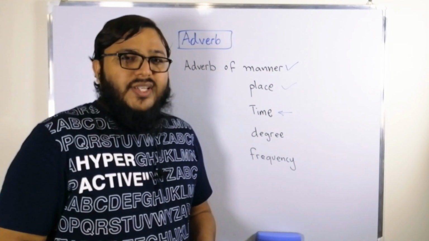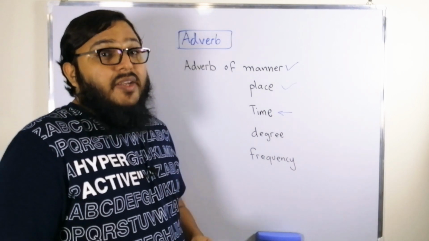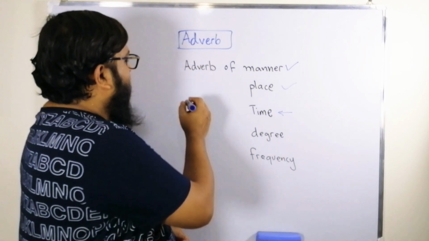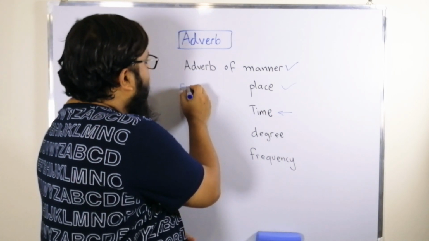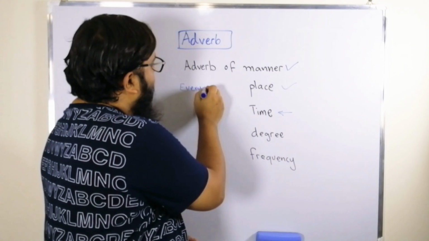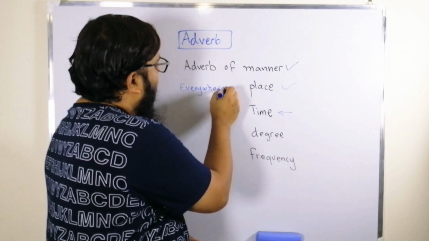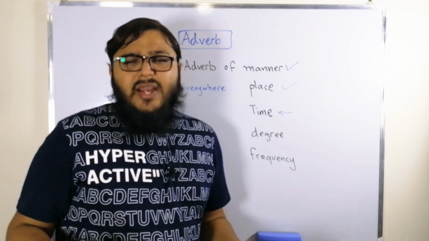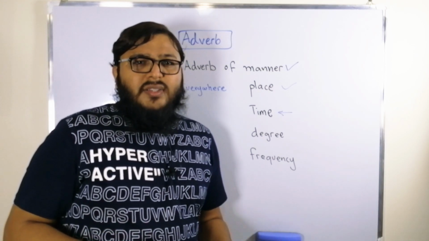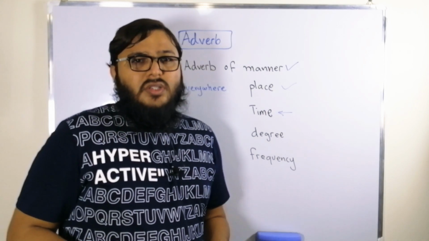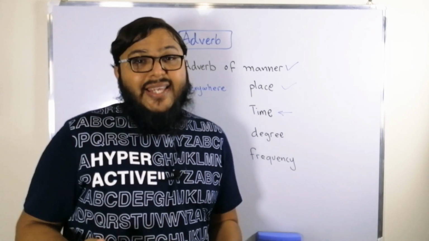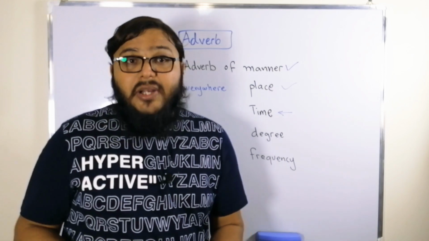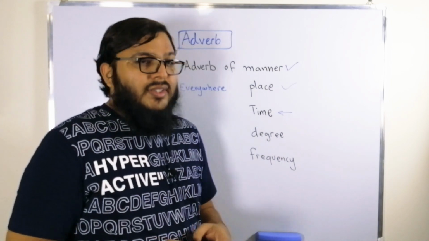Let's have some more examples of adverbs of place. For example, everywhere. I lost my keys and I can't find them anywhere. Or I searched for my keys everywhere, but I couldn't find them.